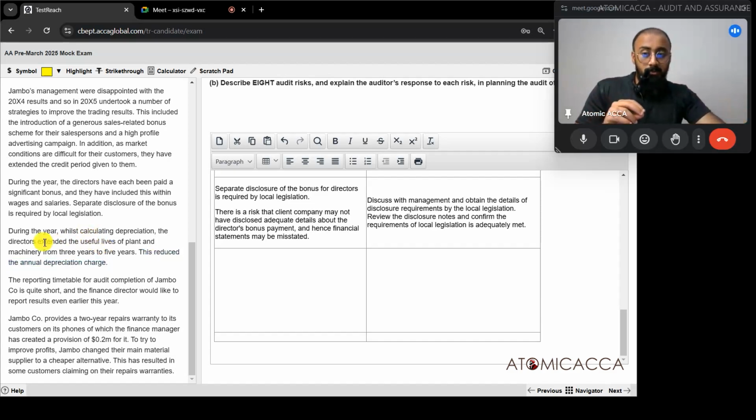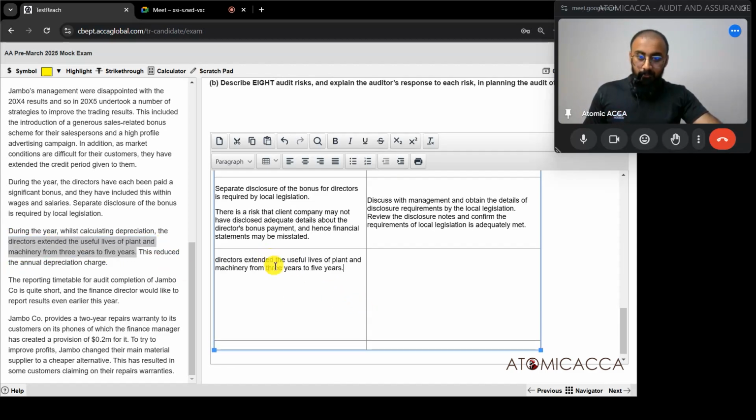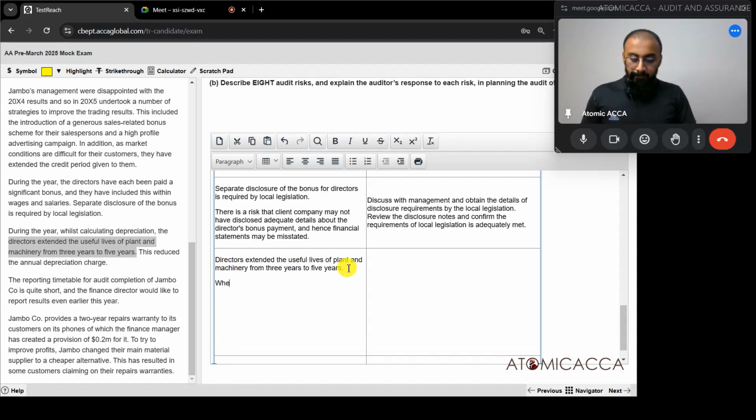So here the problem is directors extended the useful life of plant and machinery from 3 years to 5 years. So we'll just copy paste this. Directors extended this one to this one. When, as per IAS 16, it is required to assess the useful life of the asset at year end.